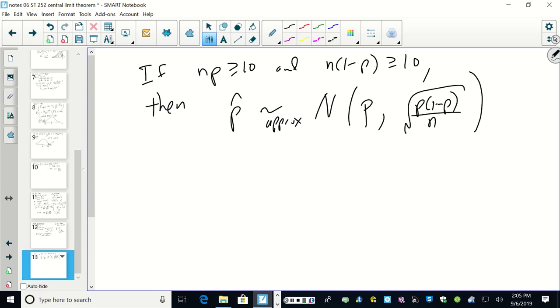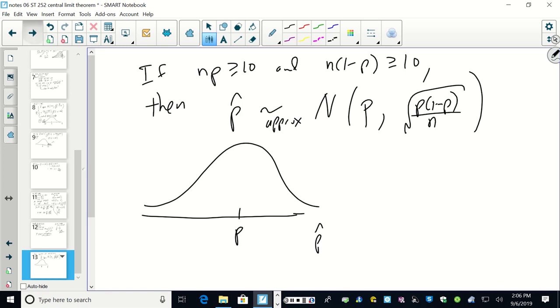So that means that for anything we want to ask about the sample proportion, its sampling distribution, its picture, is roughly normal, this distribution of p hat. It's centered at p, and then the spread depends on what value of p it is, and the sample size. So let's look at one numerical example right out of that.